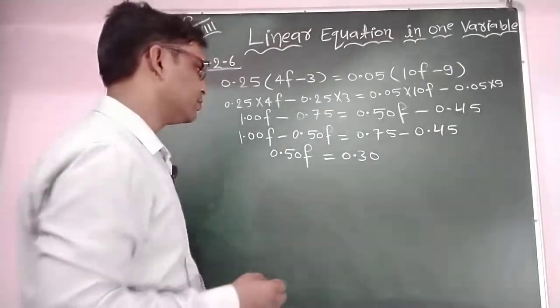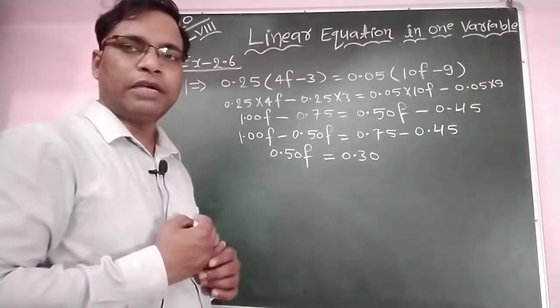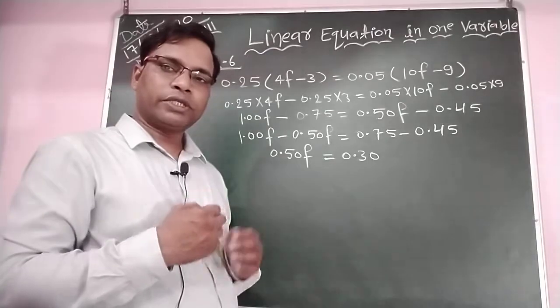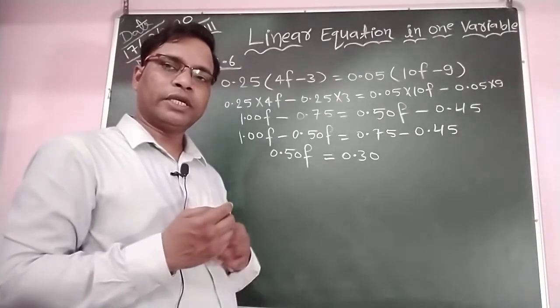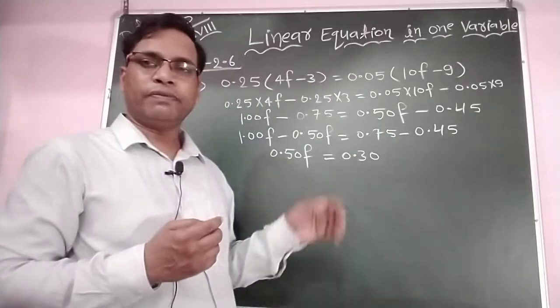Now f is multiplied by 0.50. When we transpose this 0.50 to the right hand side, it becomes 0.30 divided by 0.50.